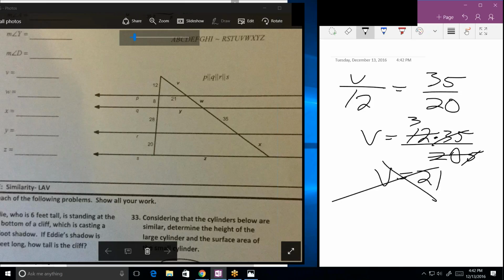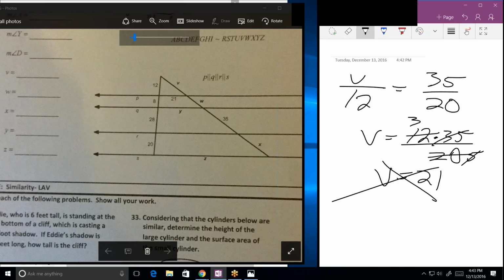Yeah, no, what you told me was that V is to 21 as 20 is to 35. And that's not true. In other words, notice that I'm comparing the wrong things. I'm comparing this side to its base with the other side to the base. Those ratios should not be the same.